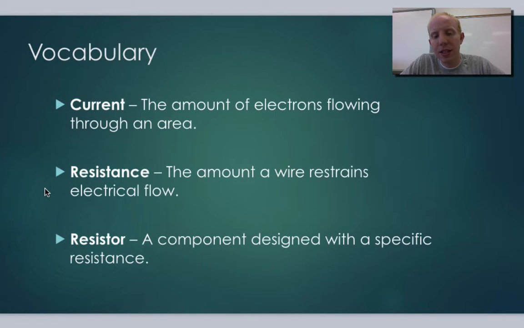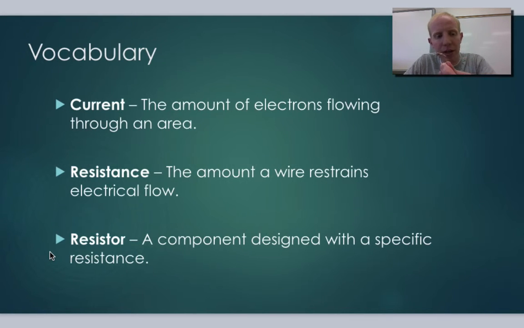And that is basically the amount that a device or a wire restrains electrical flow. So it's going to slow down the electrons so they can't go as fast through the wire, so that you can use them on devices without having them short circuit. And so the resistance is how much it does it, and the resistor is the component that's designed with the specific resistance.